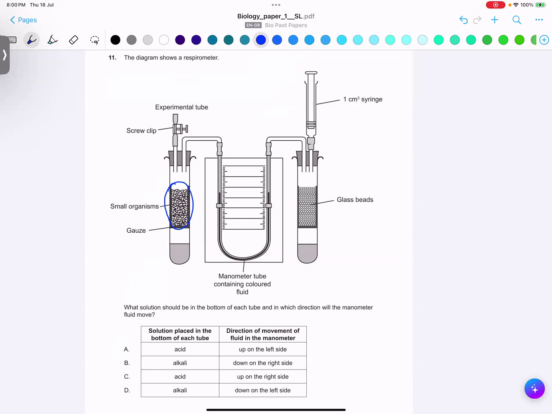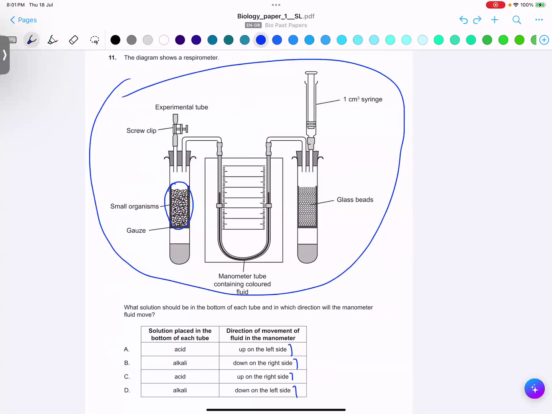Keep in mind these are just a bit annoying because they start telling you left side, right side. So just keep in mind your right side and your left side. You need to just look at the image itself. So in this case, it will go down on the right side. So it's going to go up on the left side because you need to think of it this way.